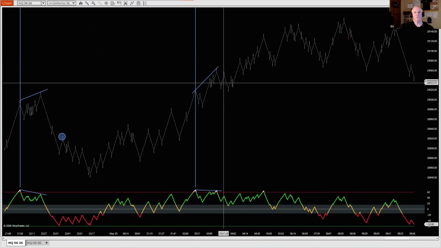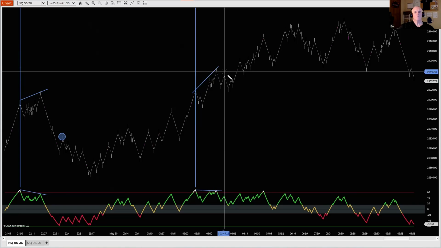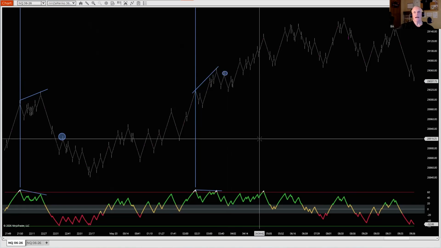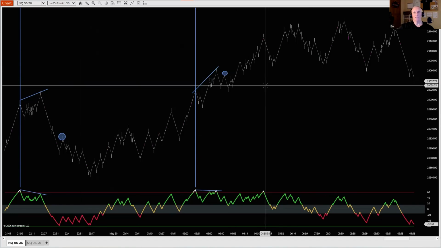There's our divergence, and this is possibly our first trade. I mean, look at all these divergence trades that happened in the overnight session.